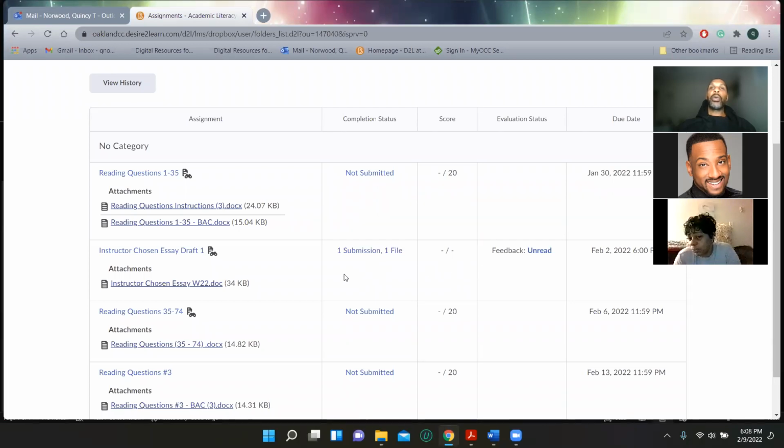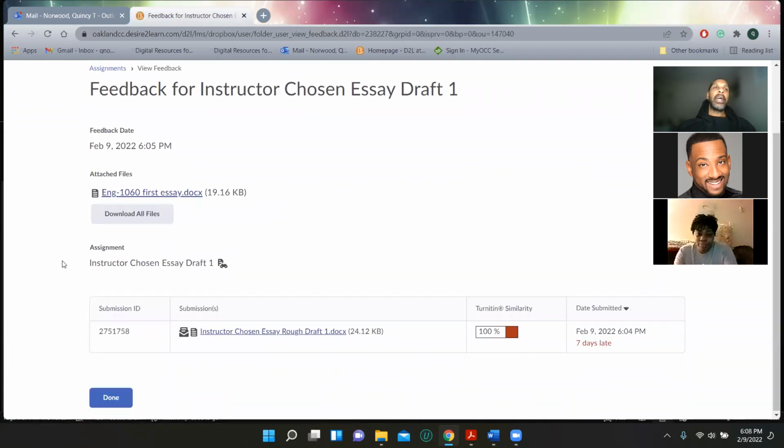In order to see the comments, you just want to go to the feedback category and click. Mine says unread because I haven't read my feedback yet that I gave myself, if that makes any sense. Click on that. This is my plagiarized paper because I submitted somebody else's paper, so that's why my percentage is at 100%. 100% in this sense is not good.